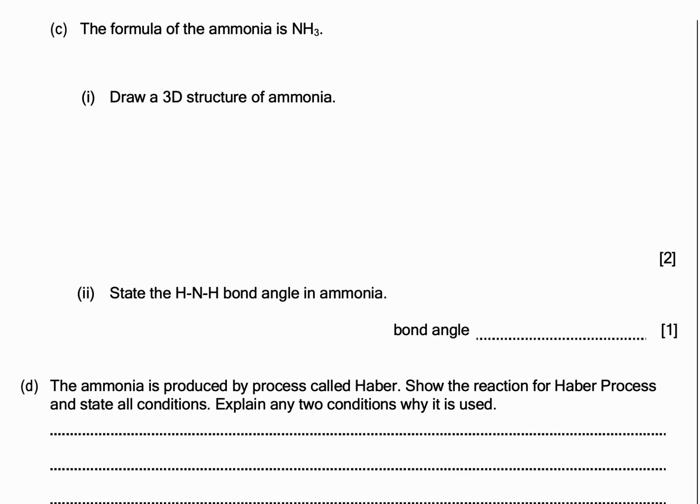The formula of ammonia is NH3. Draw a 3D structure of ammonia. So please remember, 3D structure, dot and cross are not the same. Dot and cross, so you need to use dots and crosses. In 3D structure, the electron pair which is shared, we can draw as a line. So one line shows that we have an electron pair.